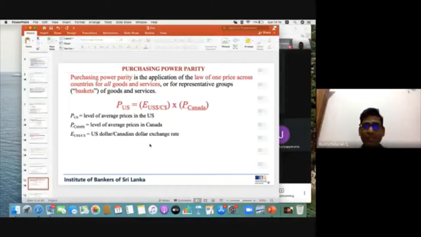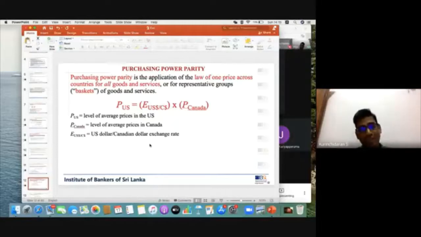You can read that from the text, okay, for a small explanation. There is a list of goods, which we call a basket of goods. Take the prices, give the weights, and calculate based on that basket of goods.